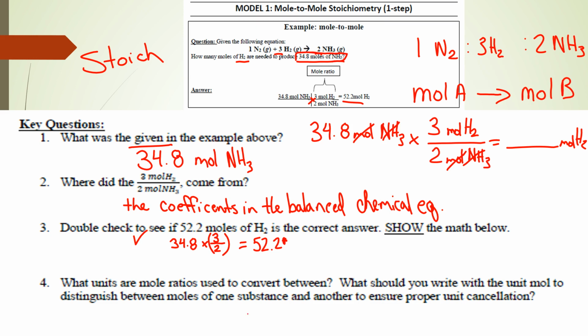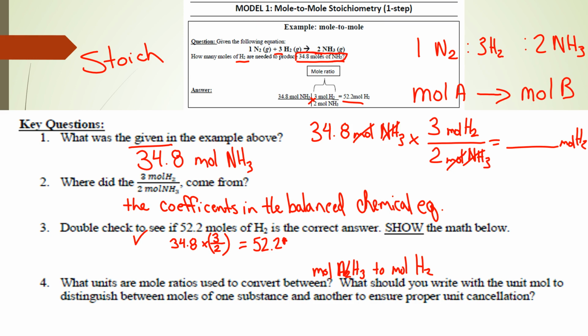When you're doing this, it's important to keep track not only of what unit you're in, but also what compound or element you're in at the same time. So you need to make sure you are following through with whatever it is you're using. So keep this model in mind.